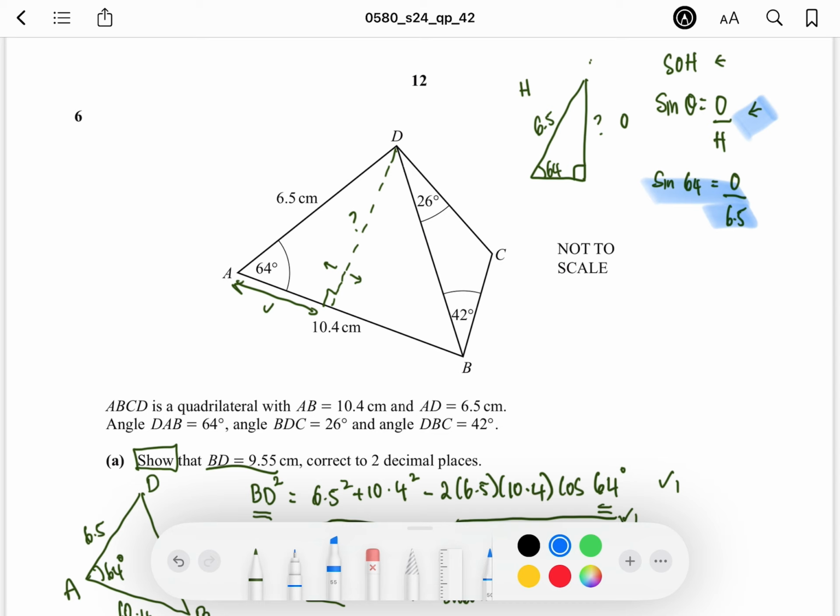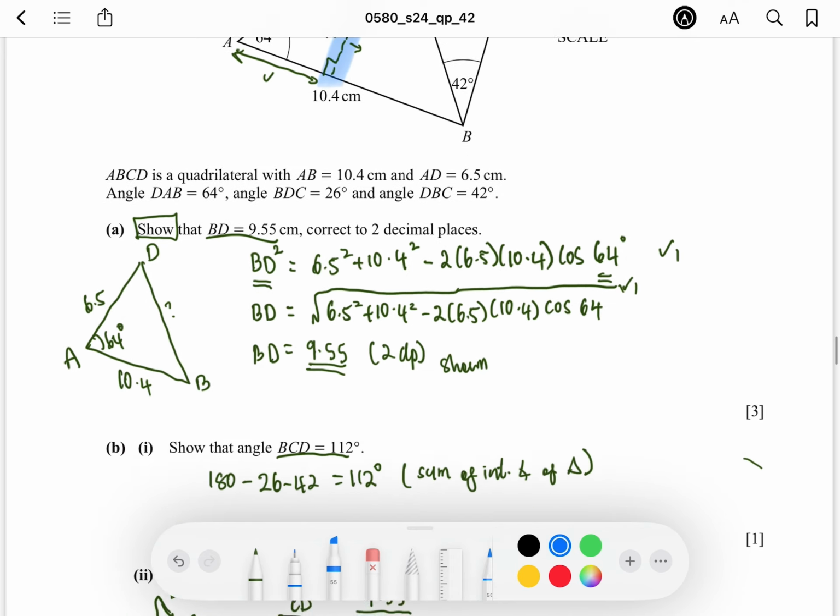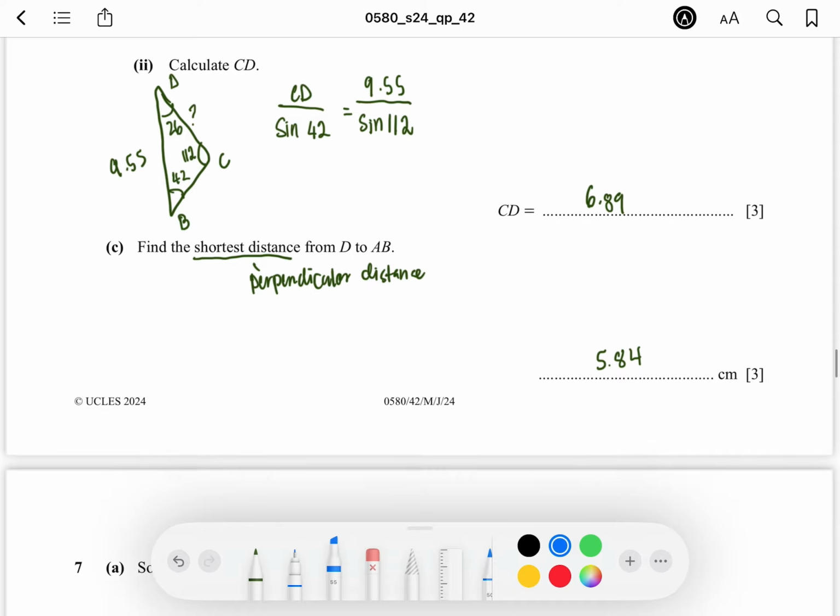Only when you substitute correctly saja. 1 mark mana? 1 mark if ada indication of this line. Yes, line sana. Or in any, ataupun this diagram with all the measurements yang ada, because that complements with the diagram yang ada. Boleh dapat 1 markah. Okay, so it's very useful again having the right diagram. Right, so that one 5.84.